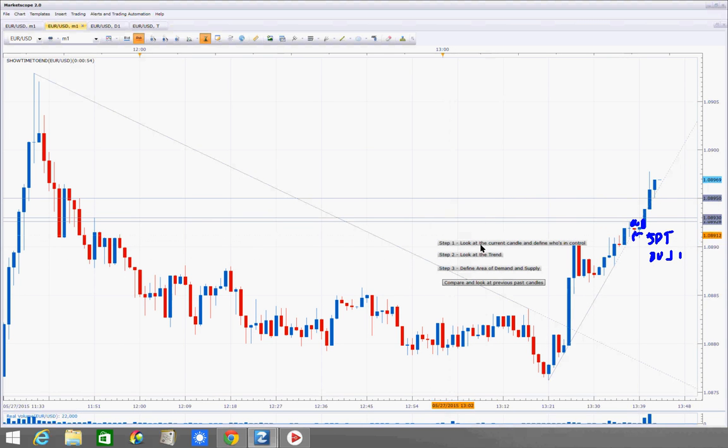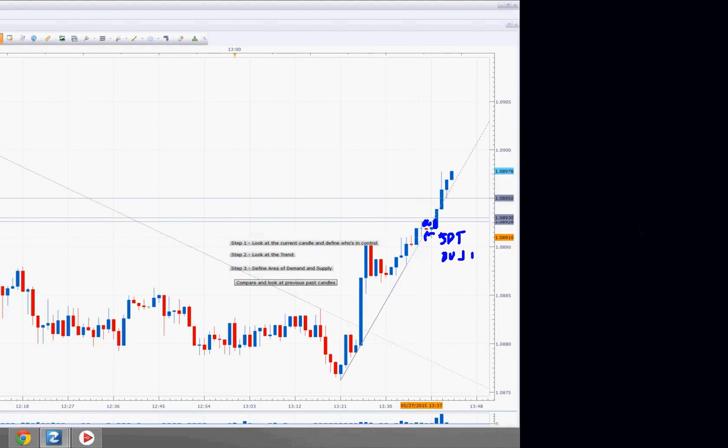So in other words, if the trend is an uptrend and the current candle is in the form of a doji, then what are they trying to do? They're trying to correct, they're trying to stabilize, to create some form of more demand.